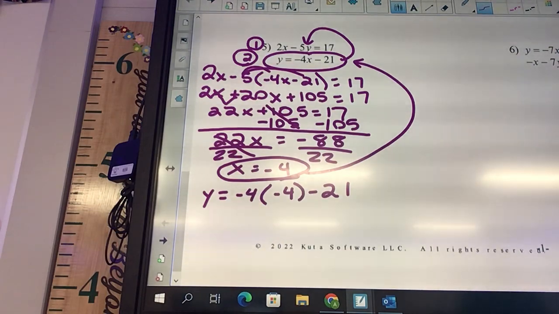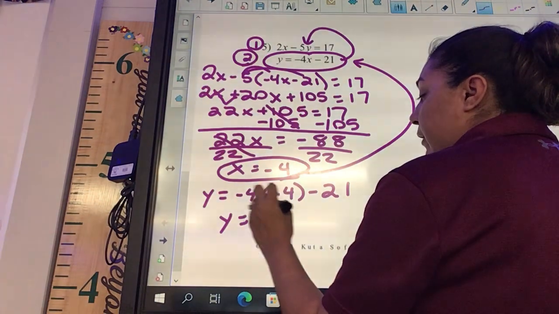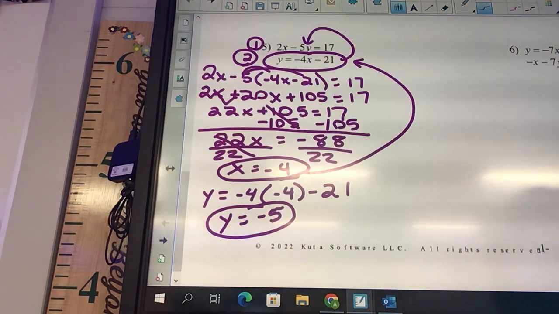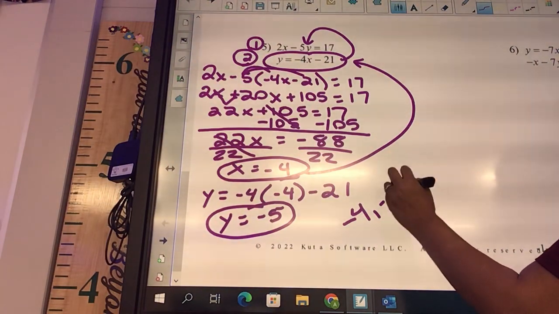Negative 5. So we have y equals negative 5. How do we write this as a coordinate? X first. So it's going to be negative 4, comma, negative 5.